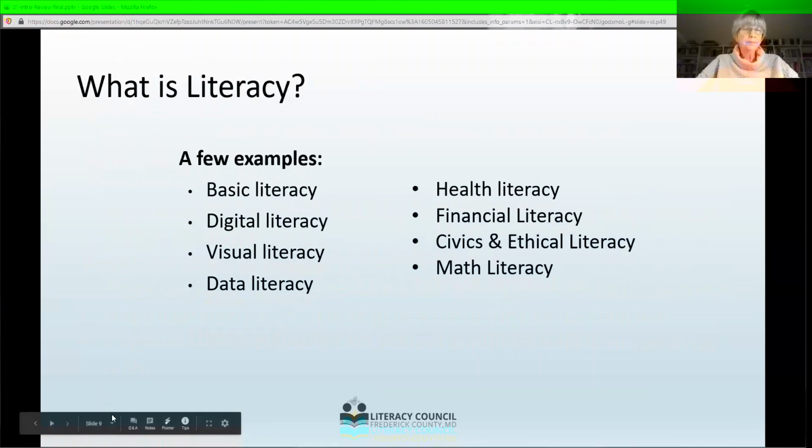Next. You've also seen this slide before. Although we usually define literacy as the ability to read and write, there are other types of literacies, each with their own vocabulary and specific sets of knowledge. Our tutoring and what we teach in this workshop focuses on building reading and English language skills, but we often discover that we have to touch on some of these other areas in our lessons to help our students succeed.